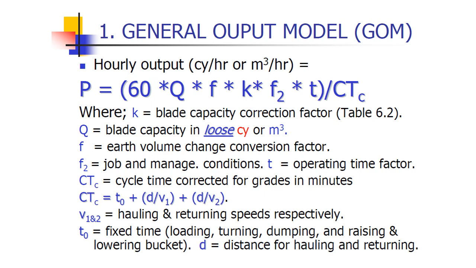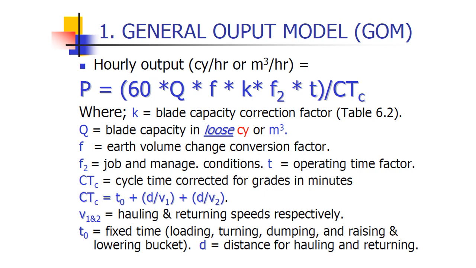So all of these equipment are producing productivities in terms of loose units. So now you need to convert from loose. The blade capacity is in loose cubic yards or cubic meters, so you need to convert it from loose to banked, because when you are doing field measurements to measure exactly what the amount of soil that has been excavated, you're doing it based on banked units.